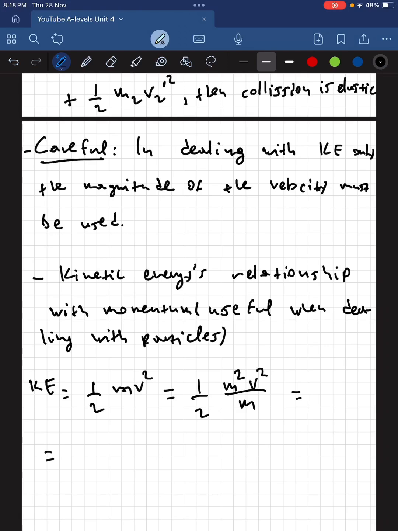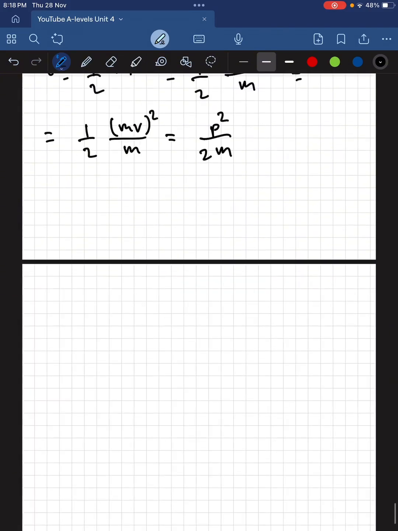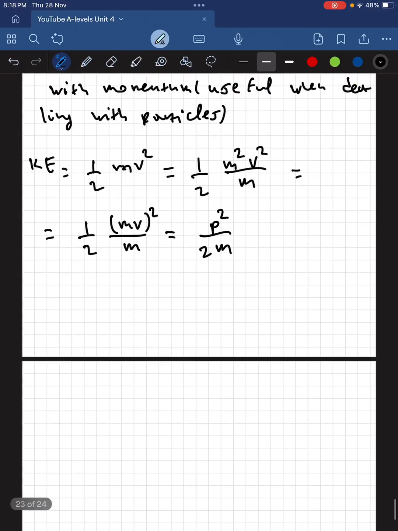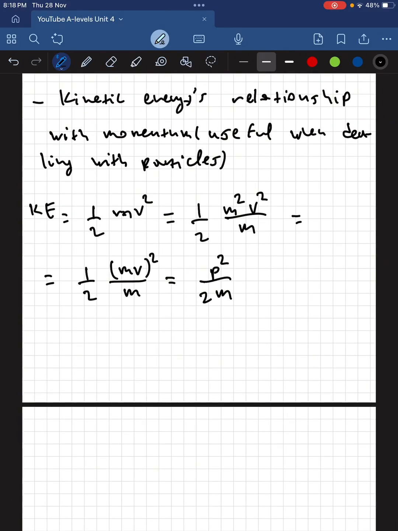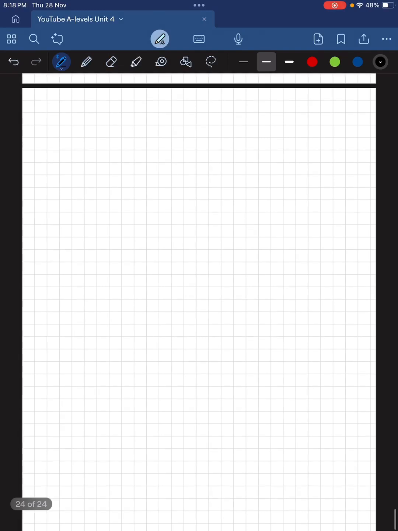But now notice that what I got is 1/2 mv squared over m, but this is nothing but p, so this is equal to p squared over 2m. So the kinetic energy is nothing but the square of the momentum over 2 times the mass.